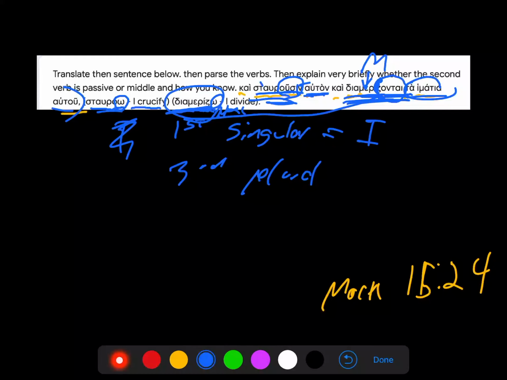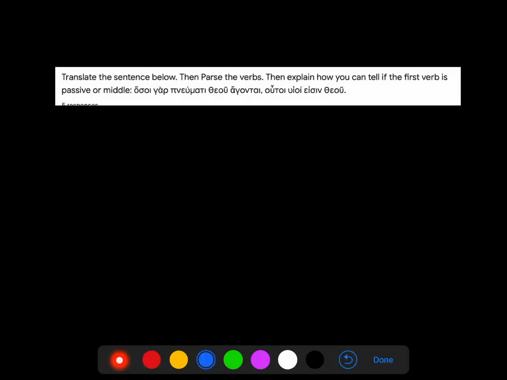Well, at least not until Acts chapter 2, when Peter gets up and says, "The one whom you crucified." But that's not a grammatical issue. That's a theological issue. So, okay, that sentence is pretty straightforward, and it illustrates a verb that could be translated middle or passive that is obviously middle, and you understand from context why.